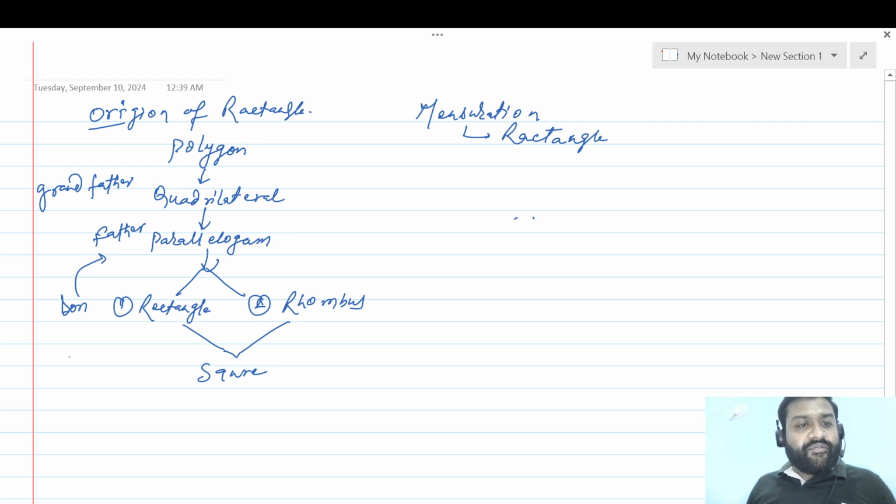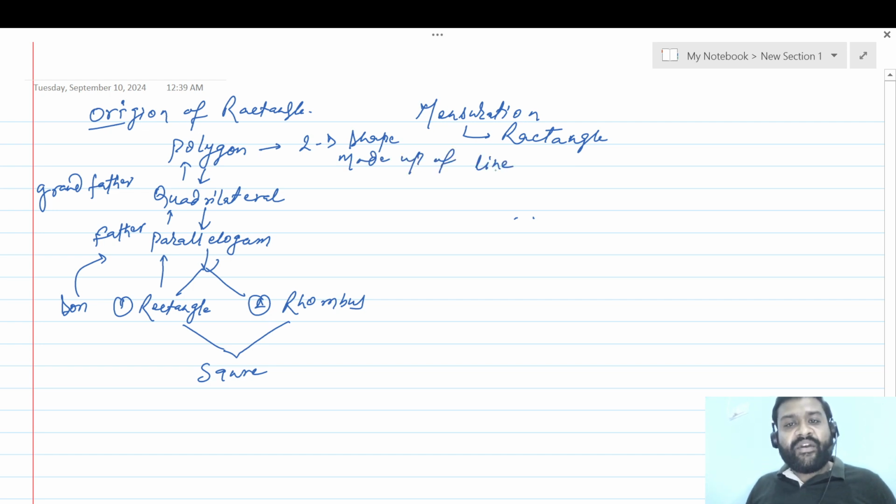So you can say that rectangle comes from parallelogram, parallelogram comes from quadrilaterals, and quadrilateral comes from polygons. I'll give a short introduction about polygons. Polygons are 2D shapes made up of lines.